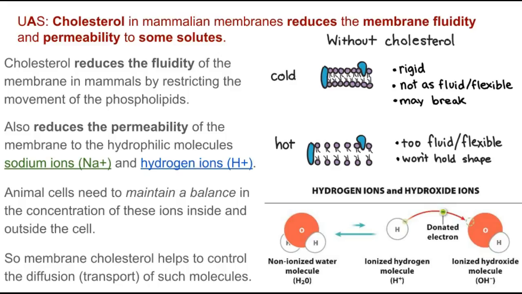If we look at the hydroxide ion, we see that it has accepted this donated electron from the hydrogen. It therefore has one extra negative electron, so it is annotated as OH negative. So a little bit of chem, just because we are starting to talk about ions, but don't be too worried about that just yet.